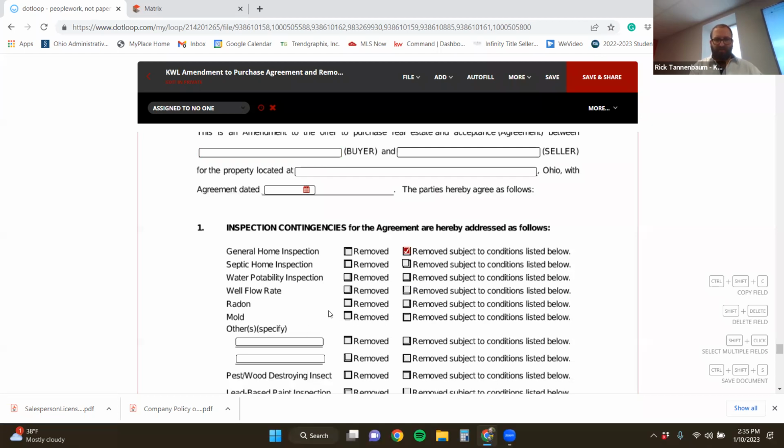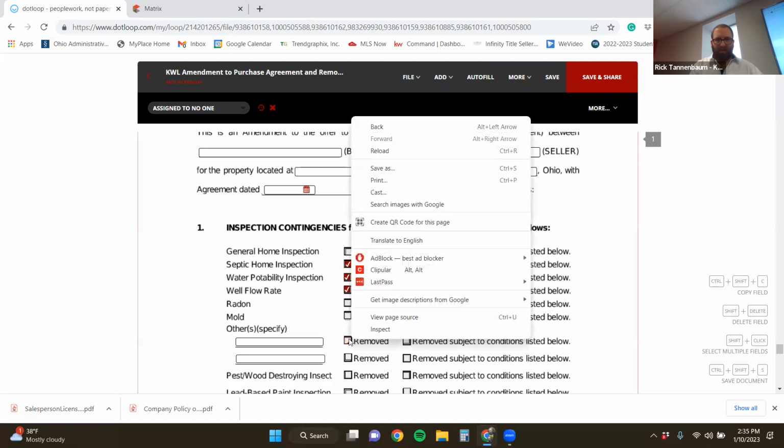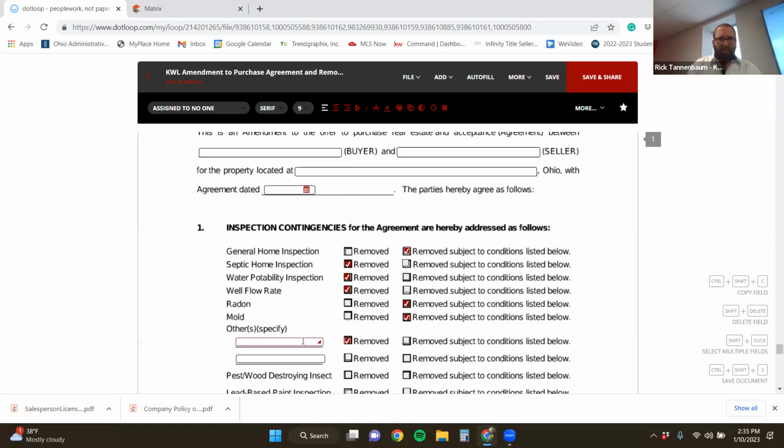Oh, no, we have mold separately here. So we're going to say general. I would put it this way. If we found mold and radon, what I would do is I would check like that. Others, I would say all other inspections.